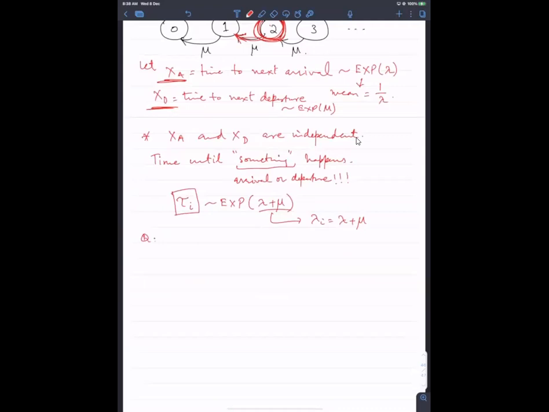So now the question is the probability that on leaving state I, you will go to state I plus 1 and not to state I minus 1. What is this probability?